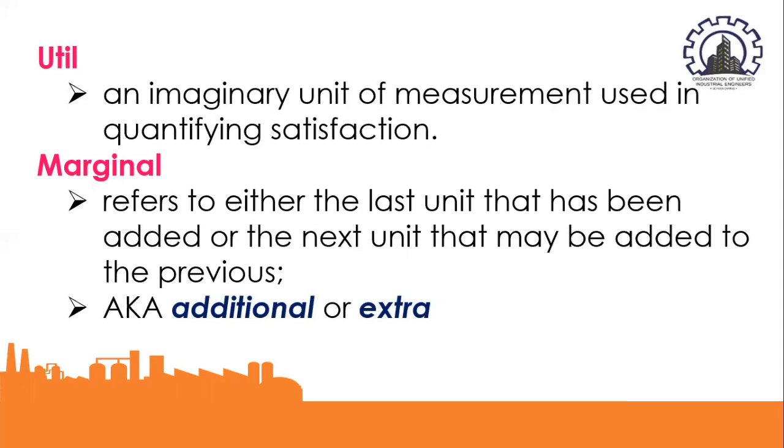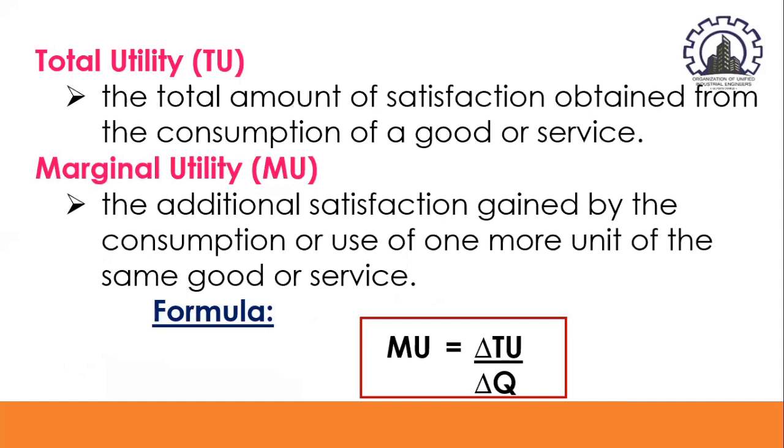If we say total utility or TU, it is the total amount of satisfaction obtained from the consumption of a good or service. Marginal utility or MU refers to the additional satisfaction gained by the consumption or use of one more unit of the same good or service.